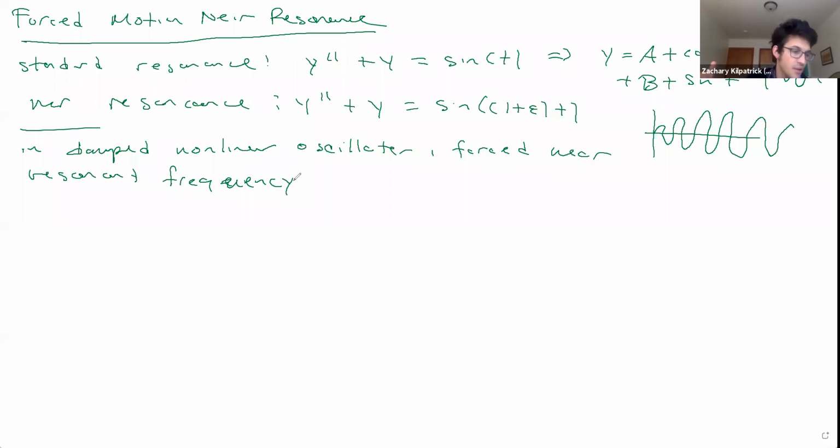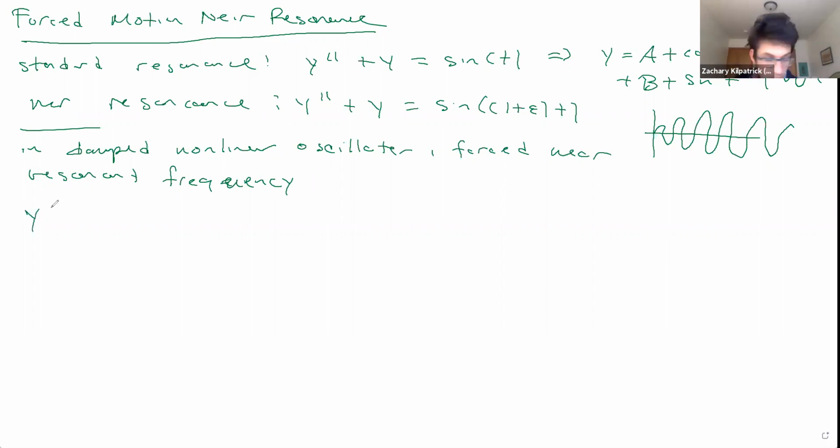And also the fact that you have damping means that you should expect energy to leak out of the system. You have some friction in a spring, some friction on the rope of a pendulum or something like that.